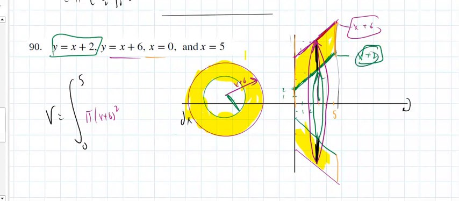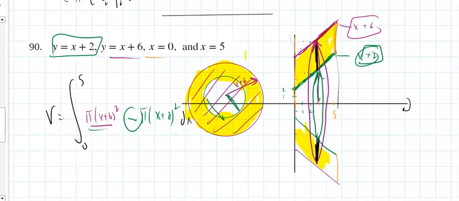So if I take the area of the purple, that's going to find all of this. If I take the area of the green and subtract the two, by subtracting this part, that's going to give me exactly the area that I want. And that's how it works.